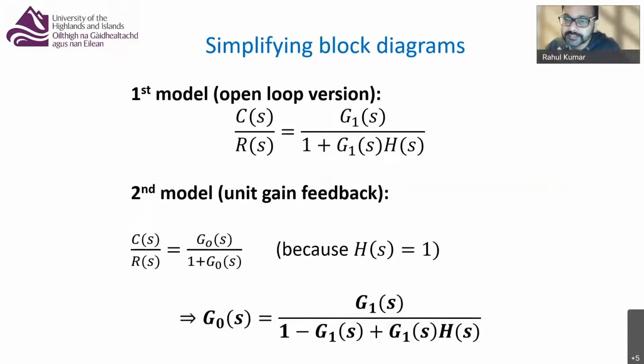So in this case, what we can do is take the previous formula and replace H of s by 1, because my H of s, that is your feedback path gain, is unity, or it is 1.